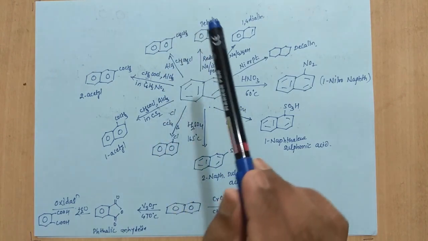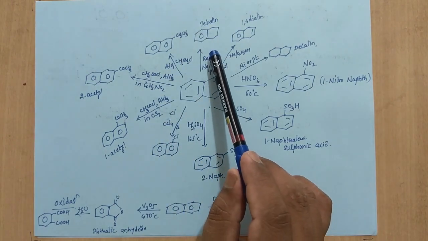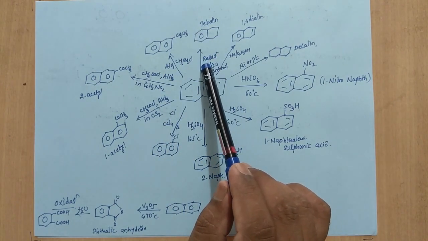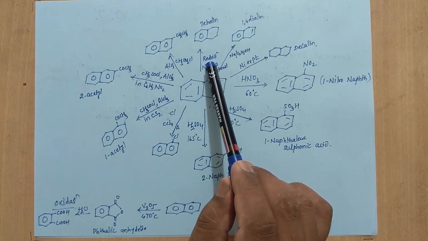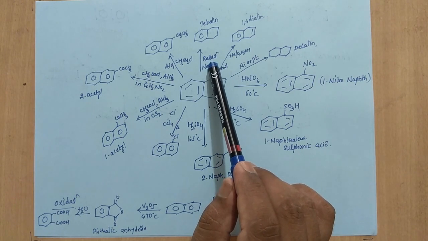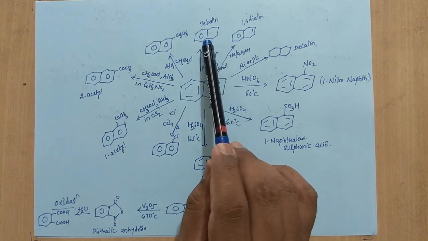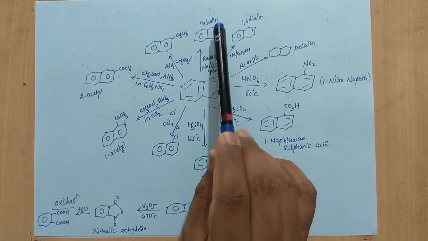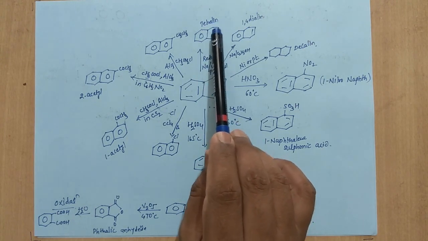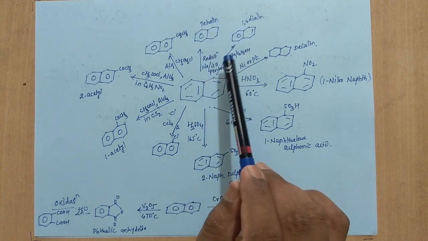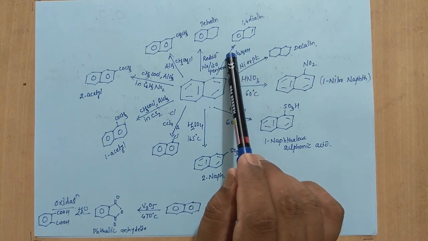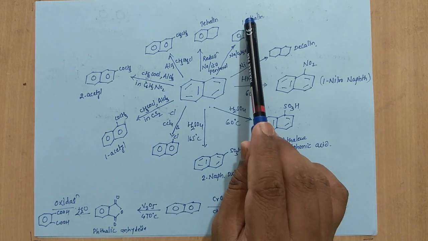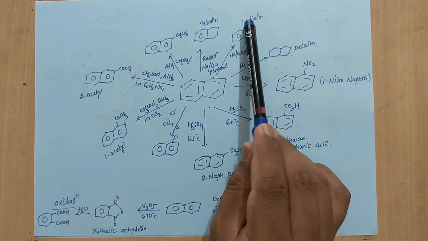Okay, now next is reduction. Reduction with sodium metal in presence of isopentanol. If isopentanol is used, the product is tetralin. 4 carbons will be reduced. Okay, now if the same reduction is carried out in presence of ethanol with sodium metal, only 2 positions are reduced, first and 4.